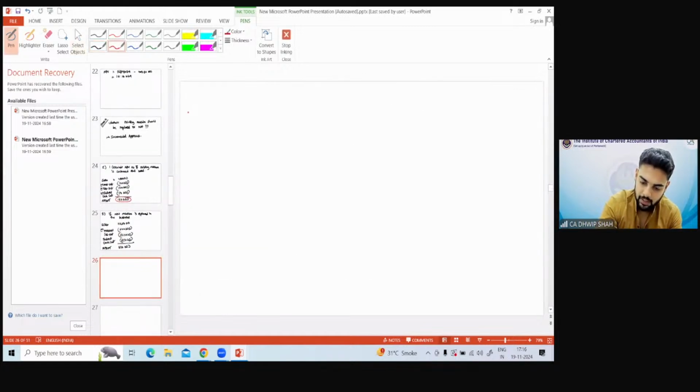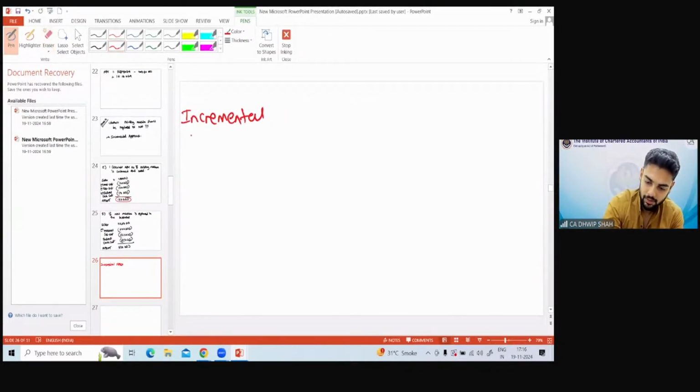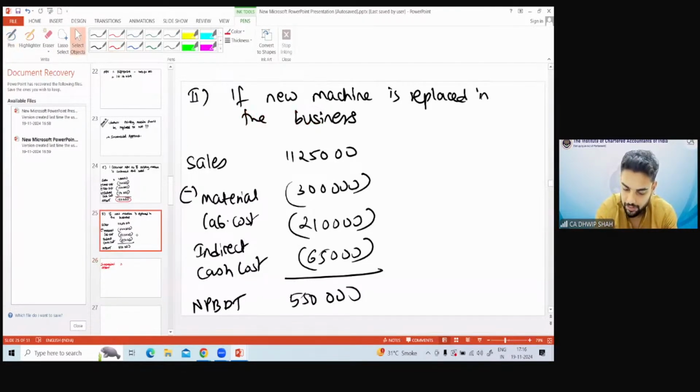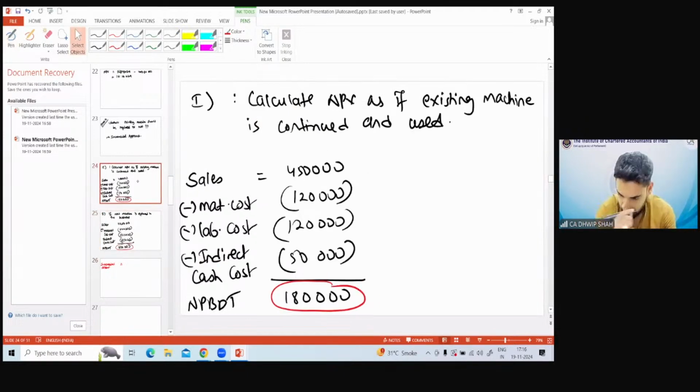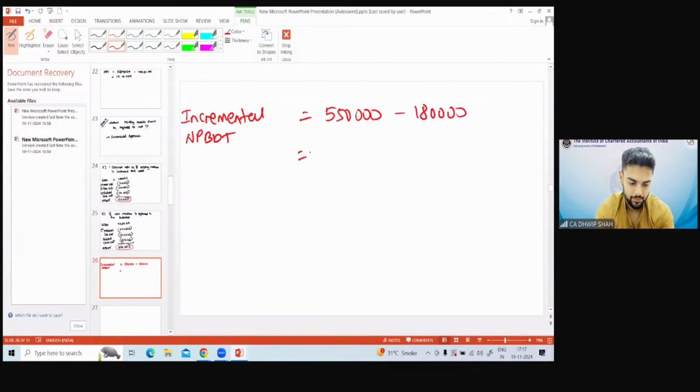So in short, can I say my incremental NPBDT per year would be 550 minus 180. Yes or no? 550 minus 180, which comes to 370.